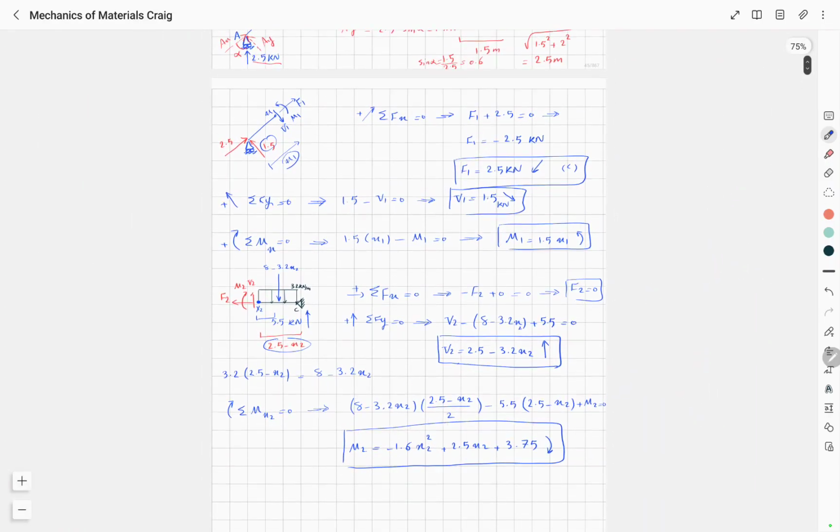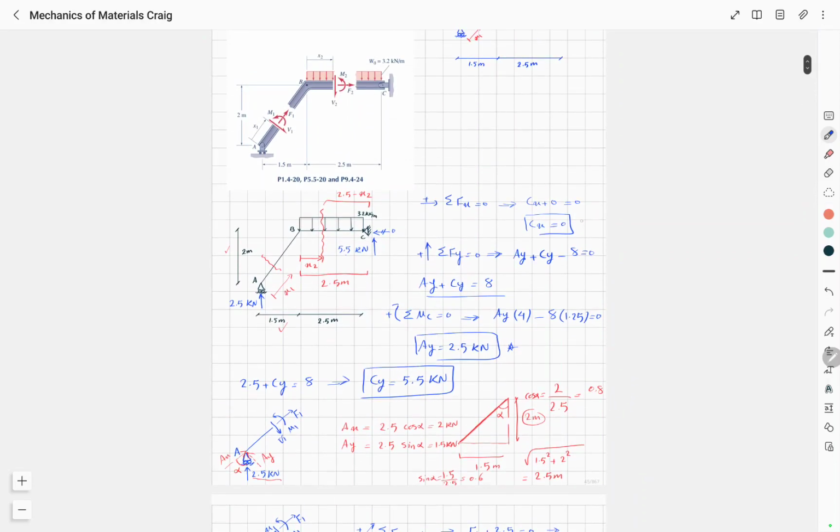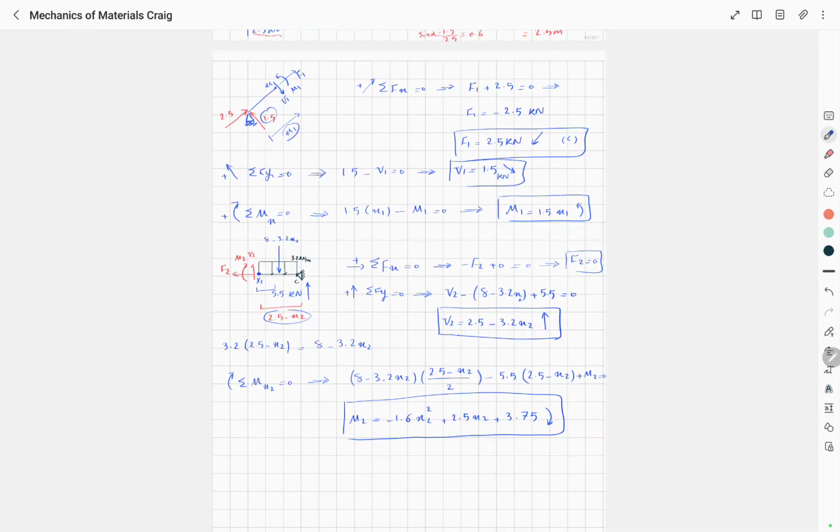So we determined the reaction forces Cx, AY, CY, and we determined the internal forces at any arbitrary distance from point A. So F1 is always equal to 2.5 no matter what the x1 distance is.